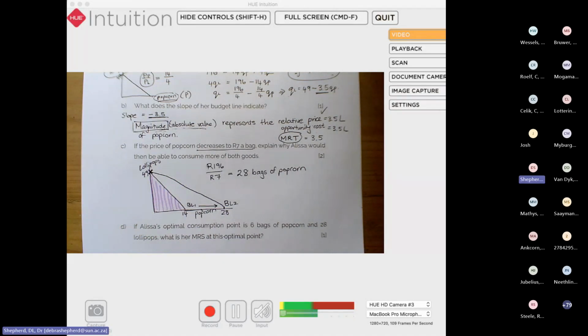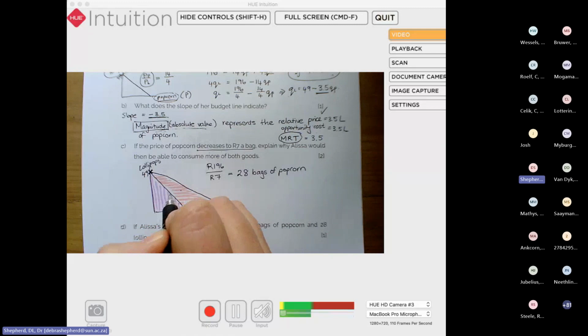Now that she faces a lower price of popcorn, her feasible range expands. Feasible range expands, which means all of these options here are now possible for her. So even though only the price of popcorn is falling, she is able to buy more of both goods.